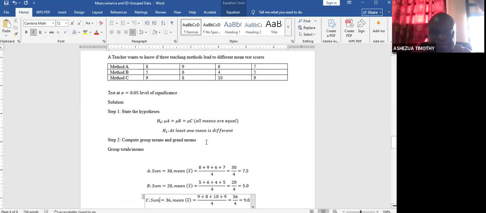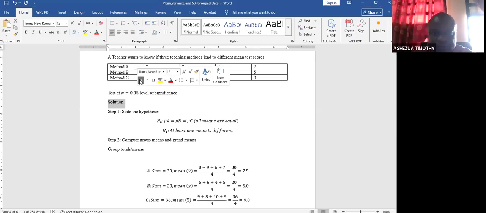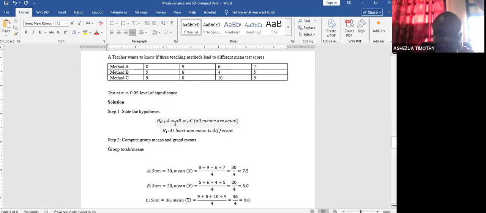So here we are saying that all the means are equal. There's no significant difference between the means.